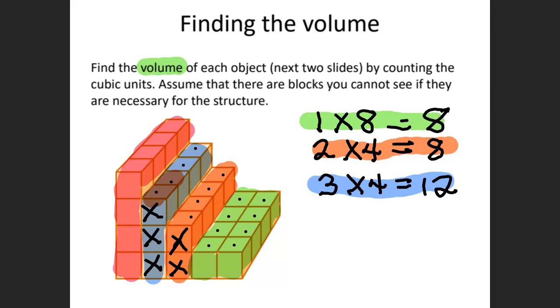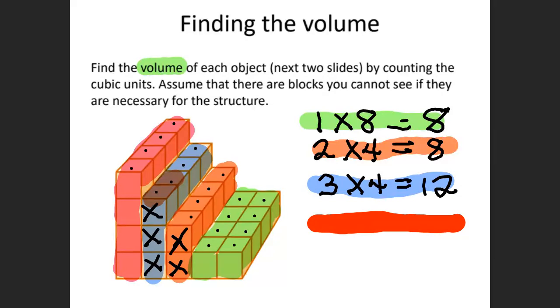And then let's go to the red. Okay. Count the top. 1, 2, 3, 4.